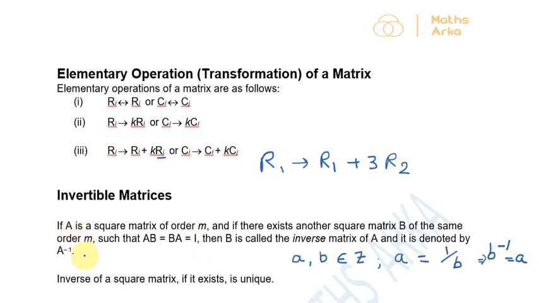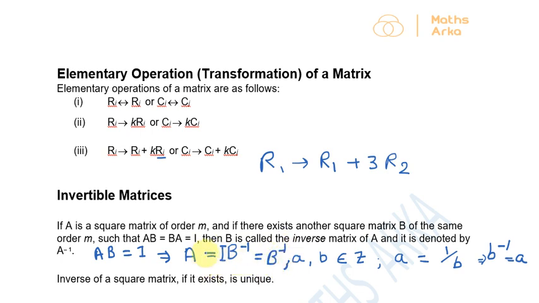Suppose for the matrix A, AB is equal to I. Taking B to the other side, A is equal to I upon B, and that means we can say it is I B inverse, which is equal to B inverse.